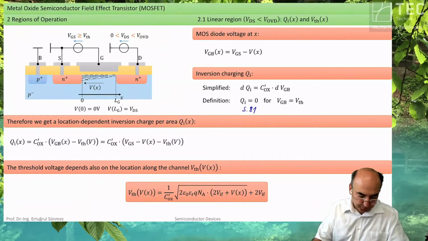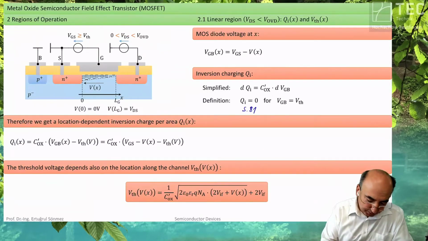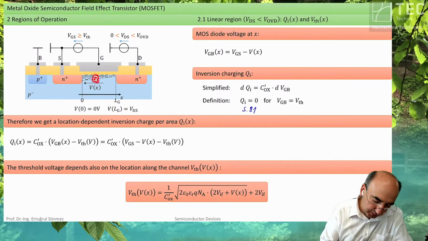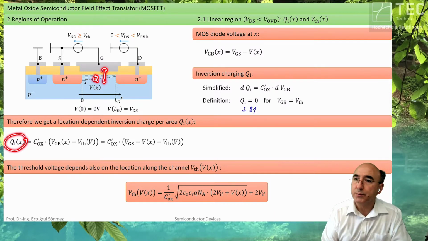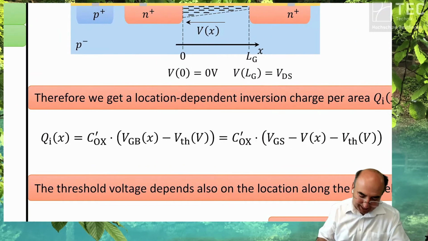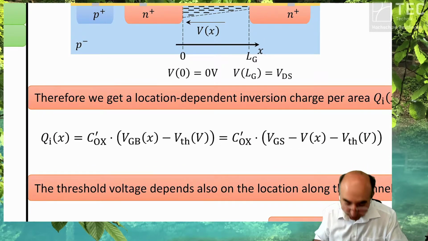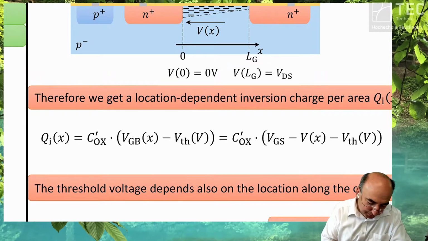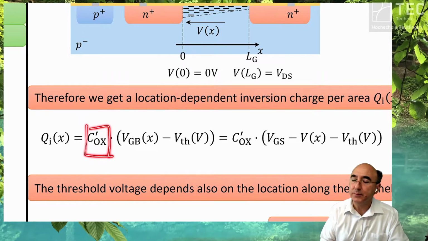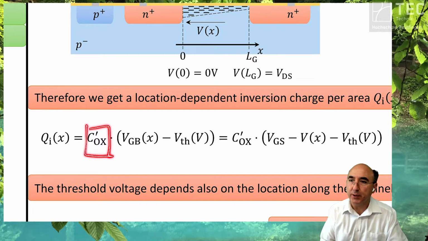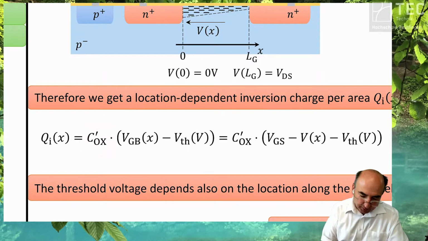Let's continue. As we have a location-dependent voltage, and as the charge is a function of the voltage, we have a location-dependent charge. How do we calculate the location-dependent charge? The sheet capacitance is constant because we assume that the geometries are constant, not a function of the location.